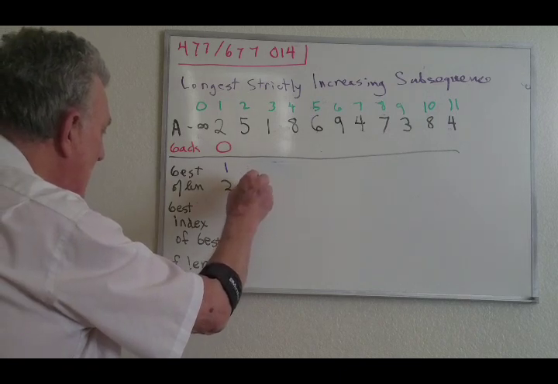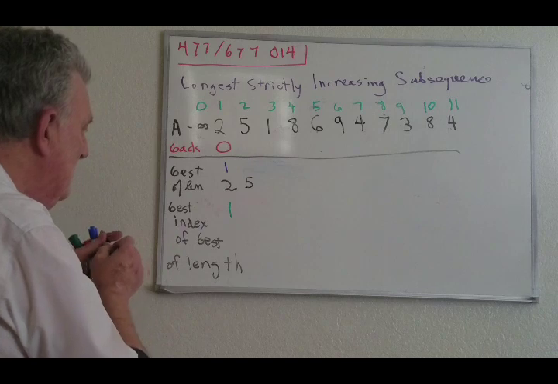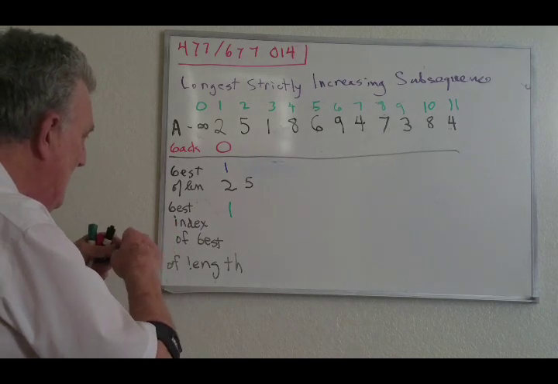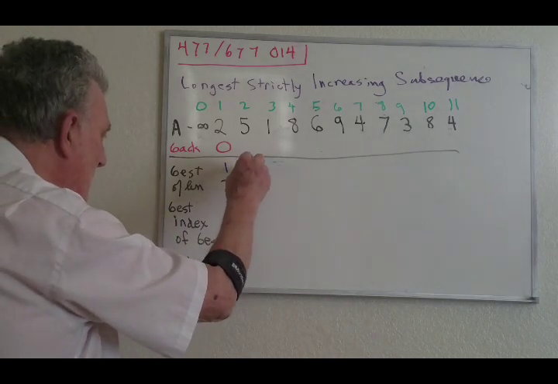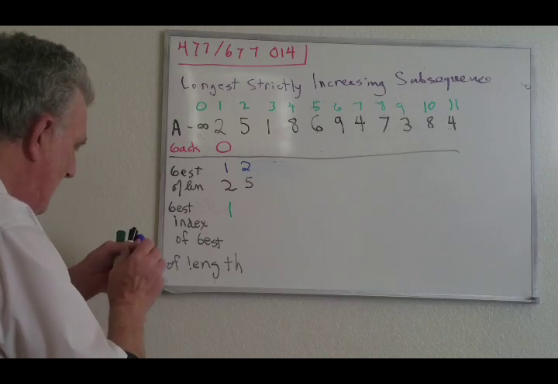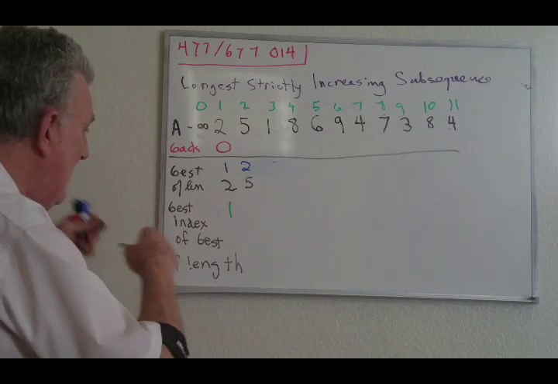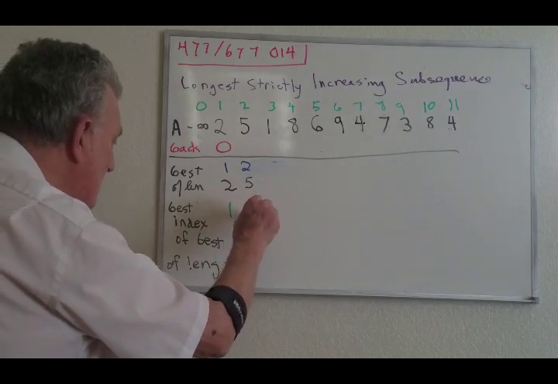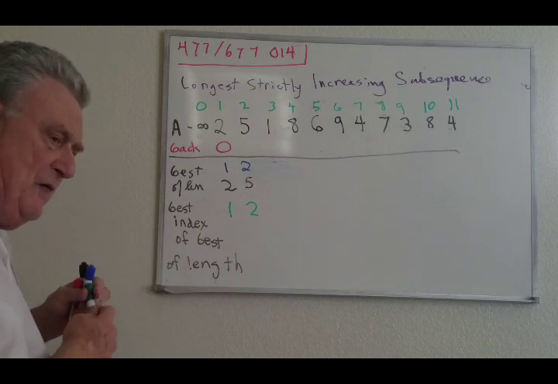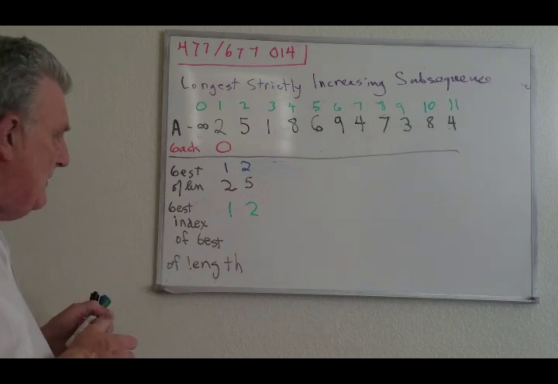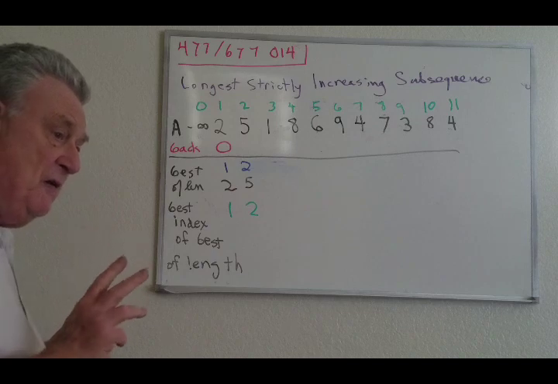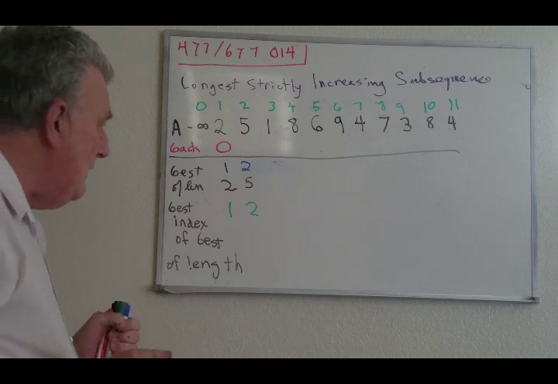So I'm going to write a 5 here, and that gives me an array of size 2. And the index of that 5 is 2. Well, that's perhaps not so obvious what I did, but as we proceed, it will become more clear, I hope.